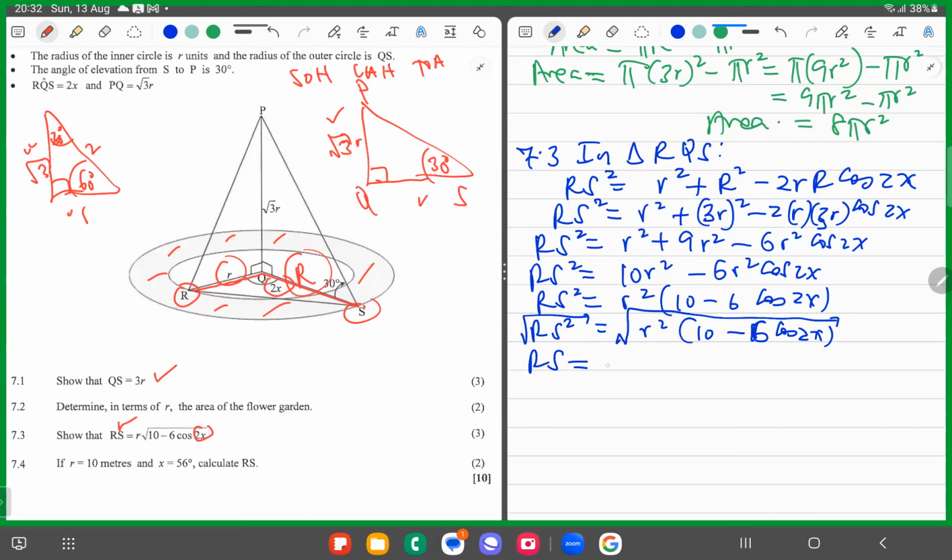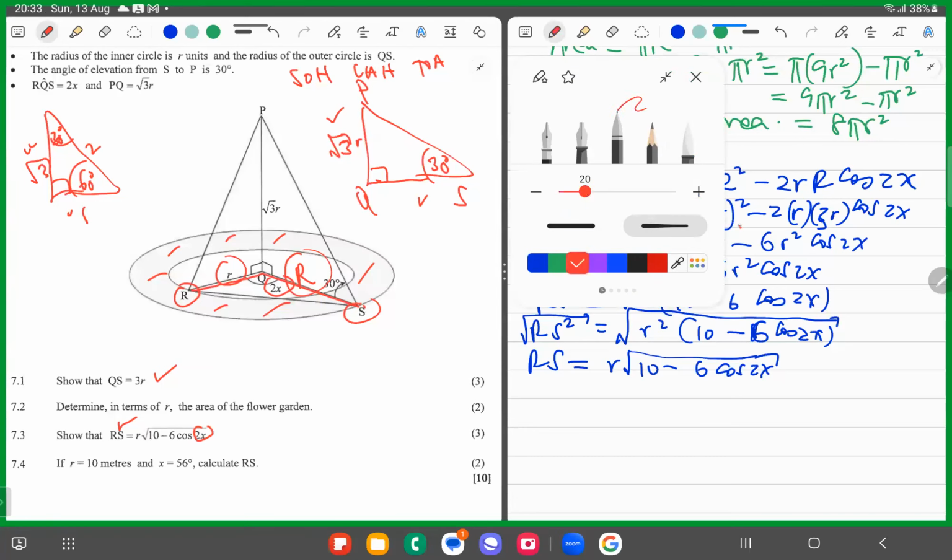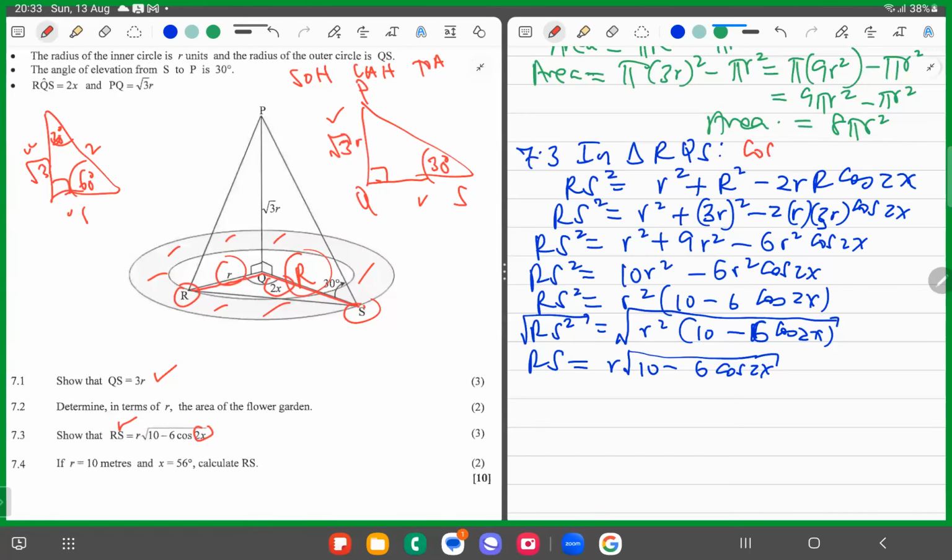And the square root of R squared is just R. Then you have the square root of 10 minus 6 cosine 2x. Right, we've done 7.3 there by using the cosine rule, or by using the law of cosines.